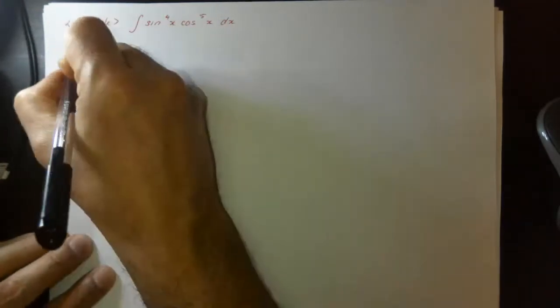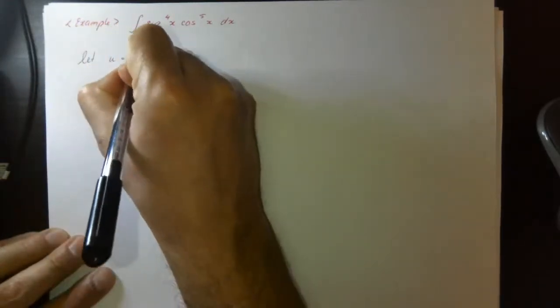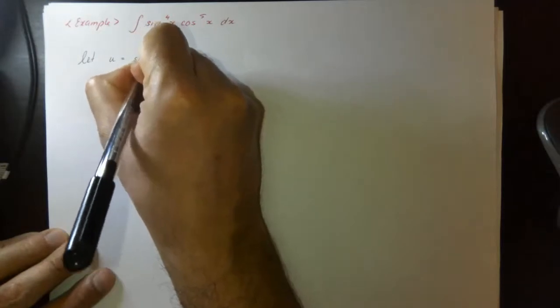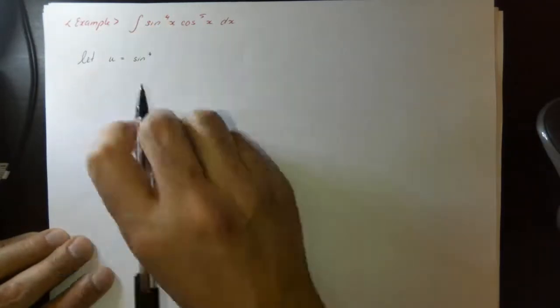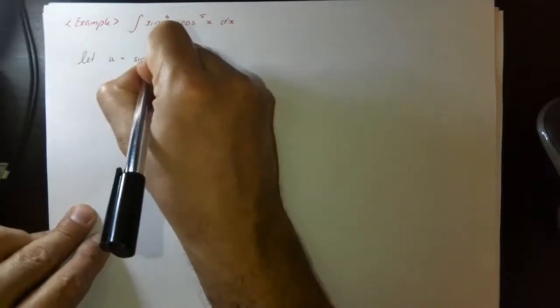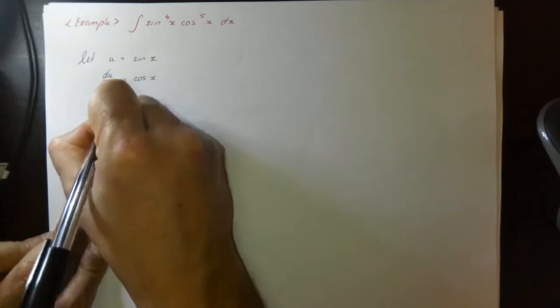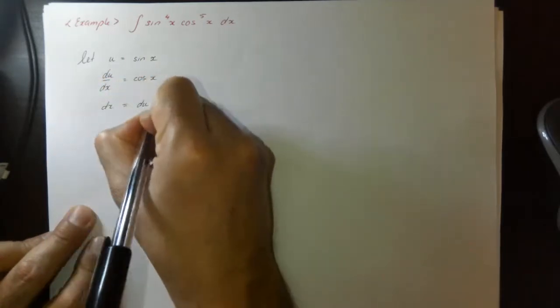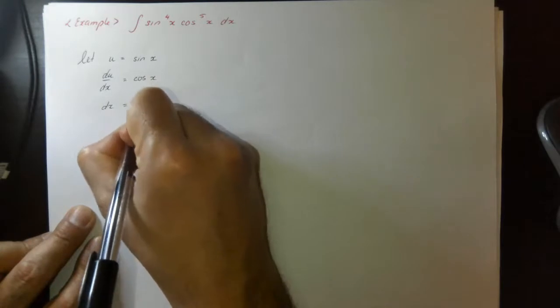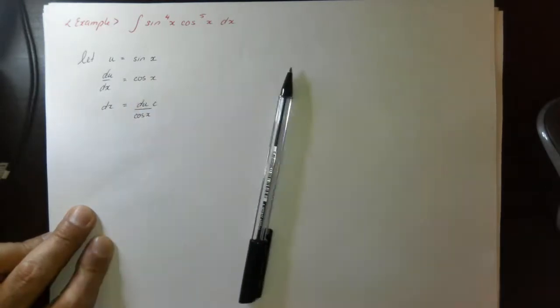So I'm going to let u equal sine x in this case. Okay, so obviously du over dx is cos x, so dx equals du over cos x.